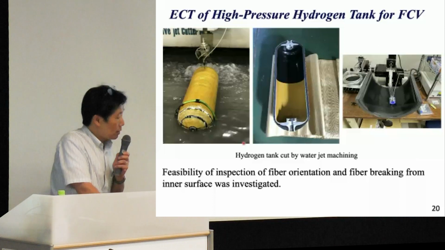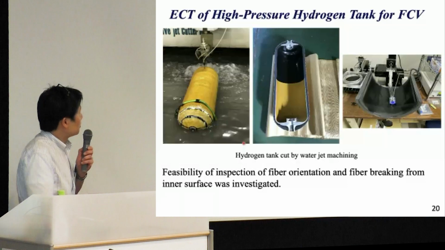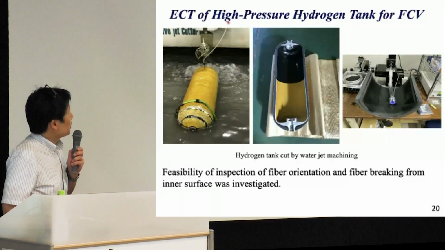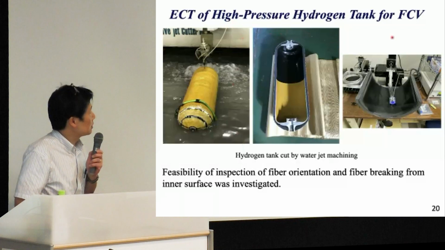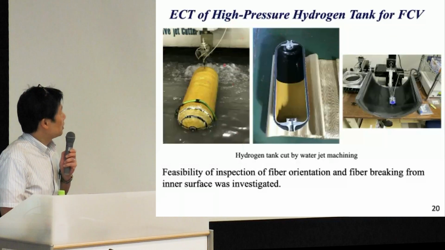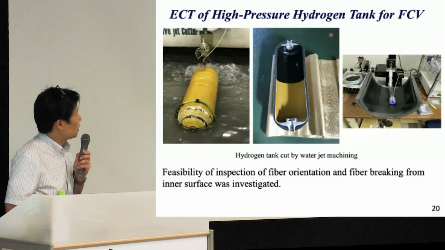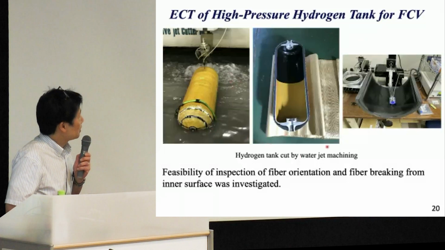Finally, I want to introduce some results for application of this technique to inspection of a high pressure hydrogen tank for fuel cell vehicle. This is a real onboard hydrogen tank for FCV, and we cut this tank by water jet machining.